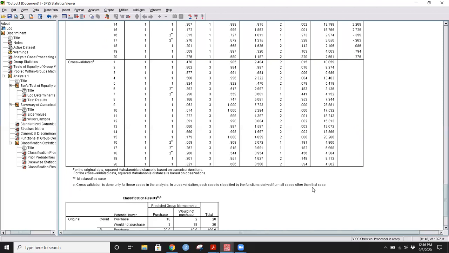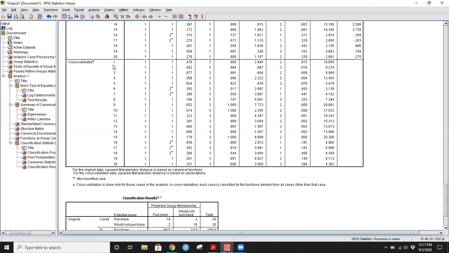So basically, in cross-validation, for example, for individual 1, I will utilize the data for all other individuals, leaving out individual 1, and come up with the discriminant function. Okay, I repeat, I will leave out individual 1 and find a discriminant function using all others' data, and using that discriminant function, I will classify my individual 1.